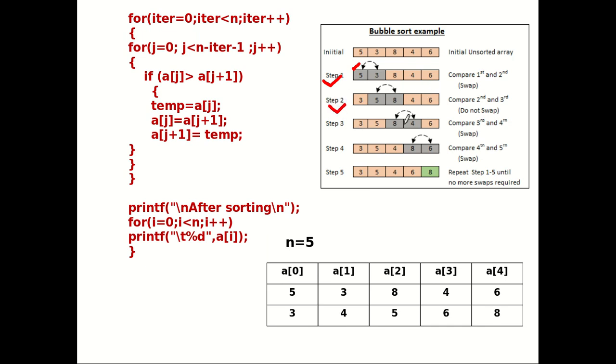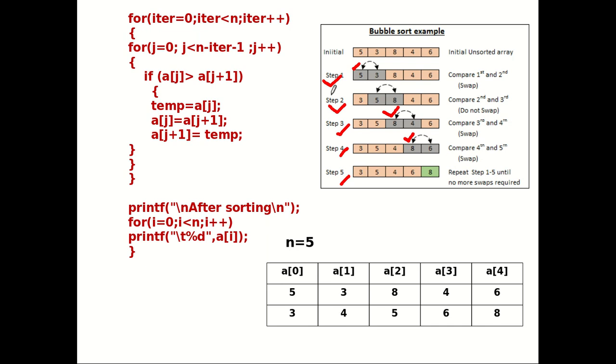In the third step, the third number is compared with the fourth one. Since it is greater, the swap will take place. In the fourth step, the fourth number is compared with the fifth one. The fourth number is greater than the fifth, so a swap is required. In the fifth step, for the comparison, no other number is left.